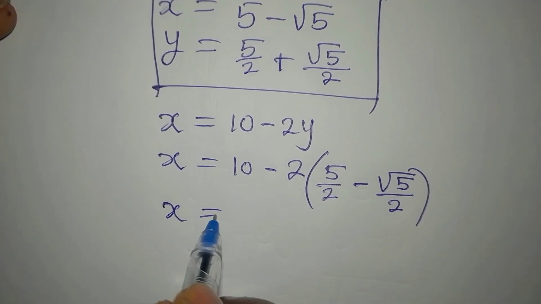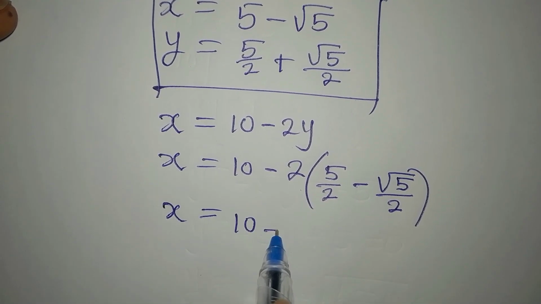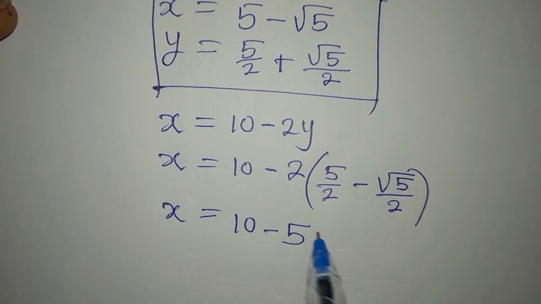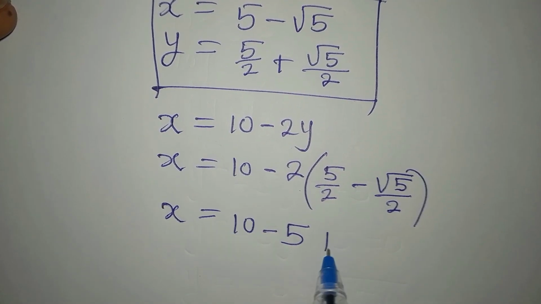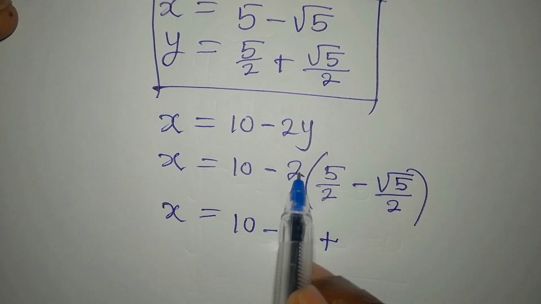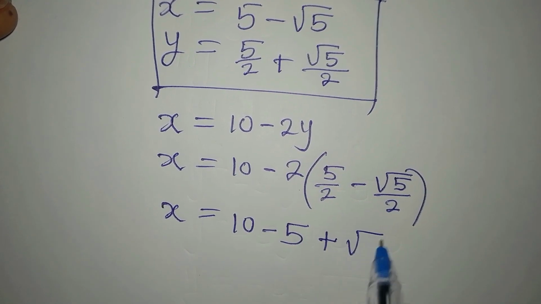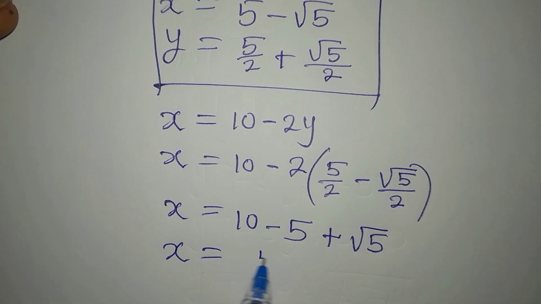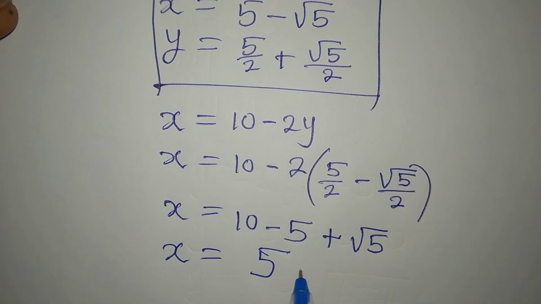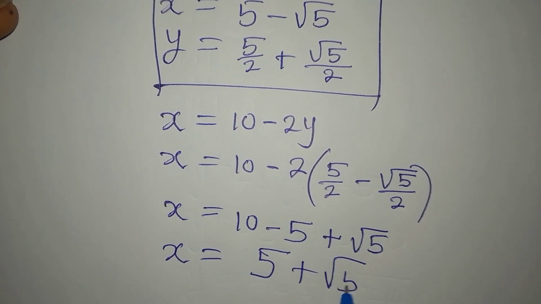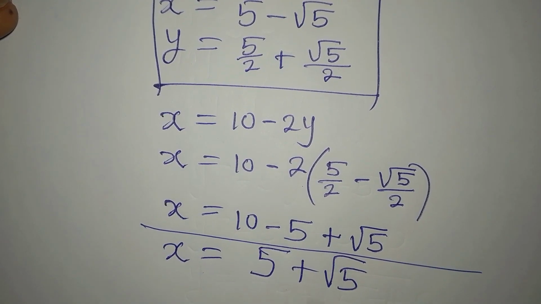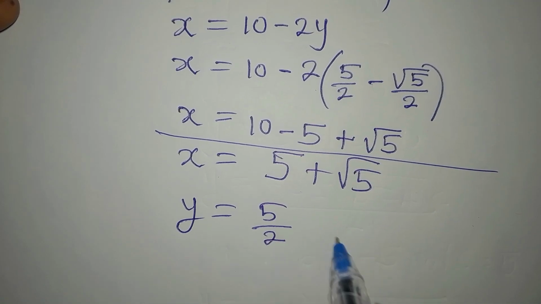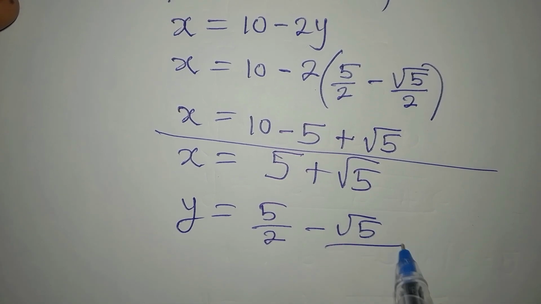Now our x will be 10 minus, to multiply 2 by this, we just have 5. So I'll write 5. This negative will turn to positive. Then multiplying 2 by this, we'll have just root 5. Now our x is going to be 10 minus 5 is 5. Then we have plus root 5. So when x is this, y is 5 over 2 minus root 5 over 2.